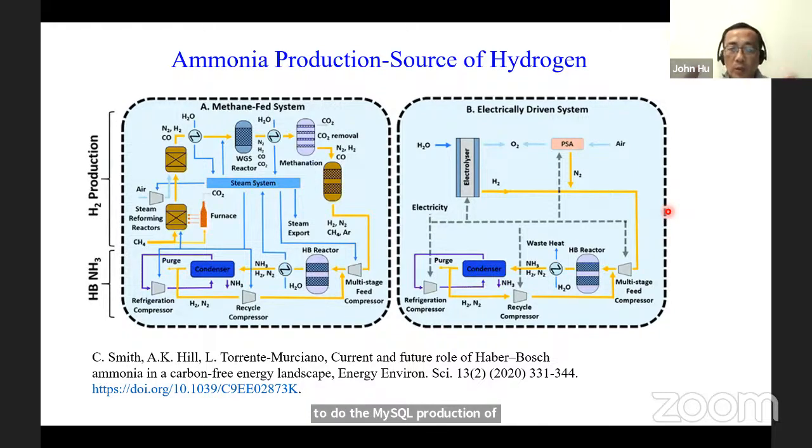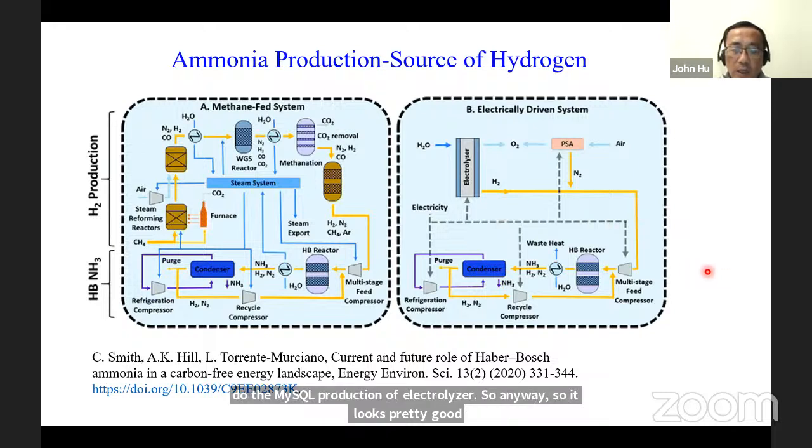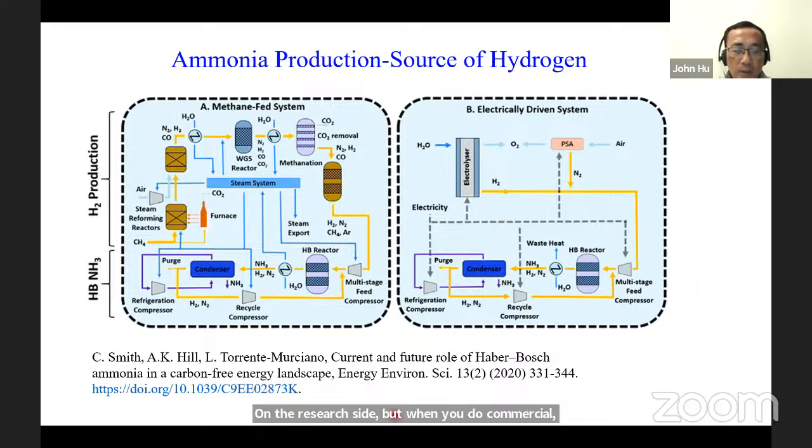So it looks pretty good on the research side, but when you go commercial, there are a lot of challenges. Anybody? Yeah, you can read. I have this article here. Since we recorded, you can read this economic analysis. This is a very good article. That's why I selected this diagram from this article.